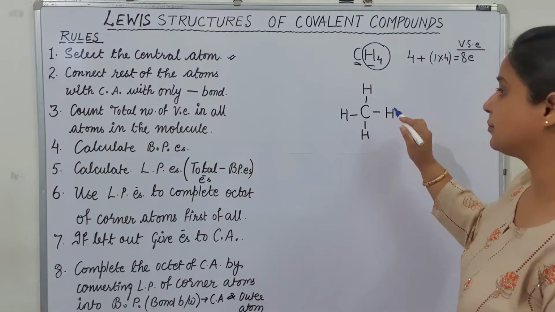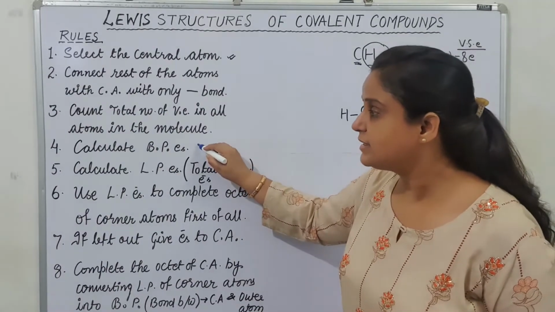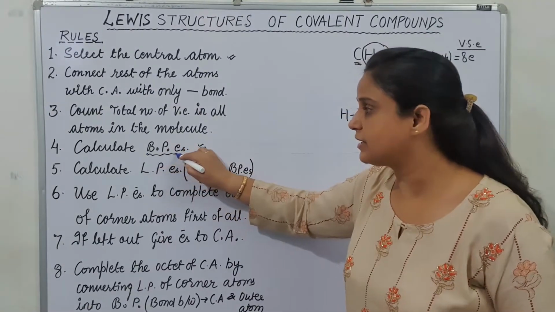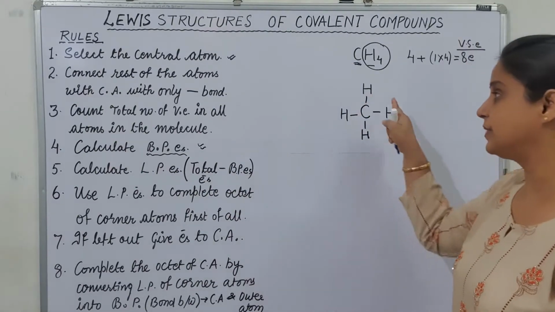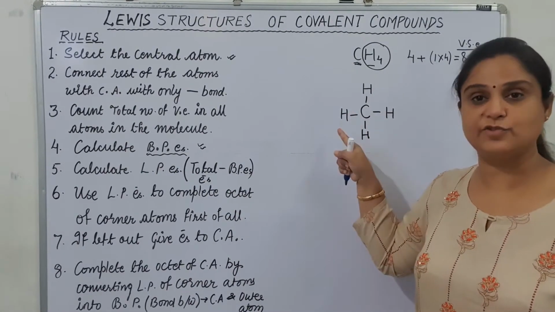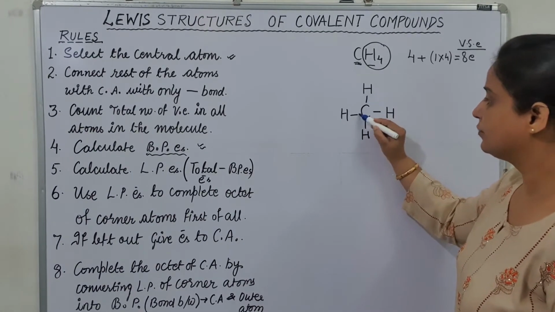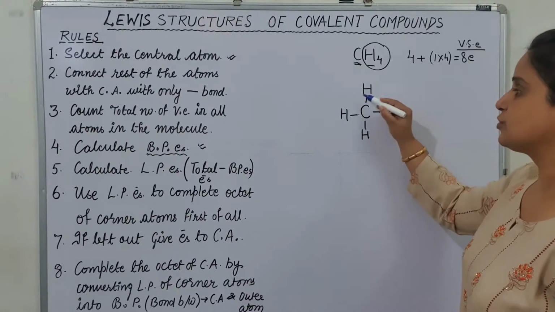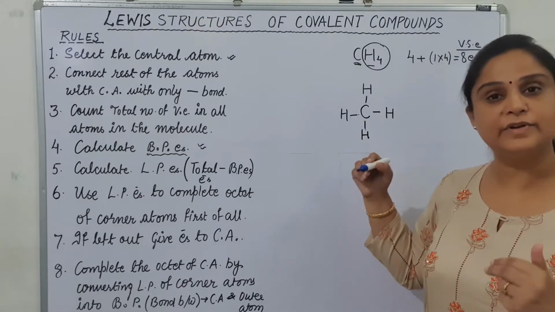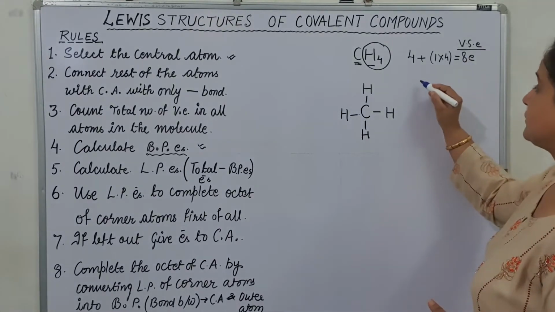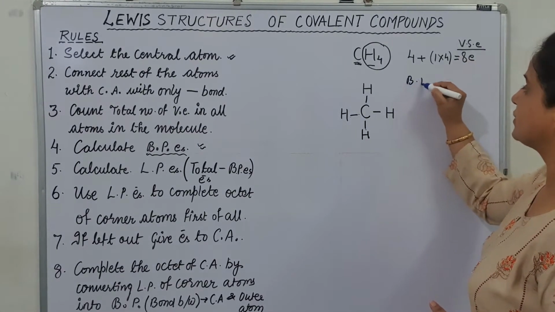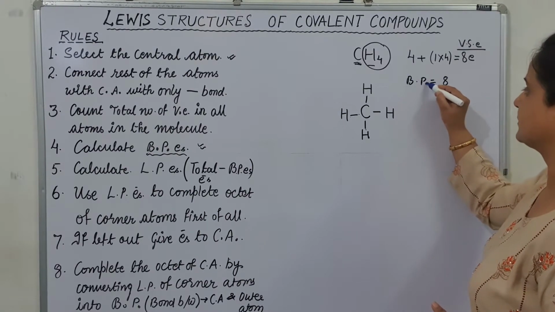Next step is to calculate the bond pair electrons. So how many bond pair electrons are present here, that you have to calculate. So count 1, 2, 3, 4, 5, 6, 7 and 8. So we have 8 bond pair electrons here. Okay.